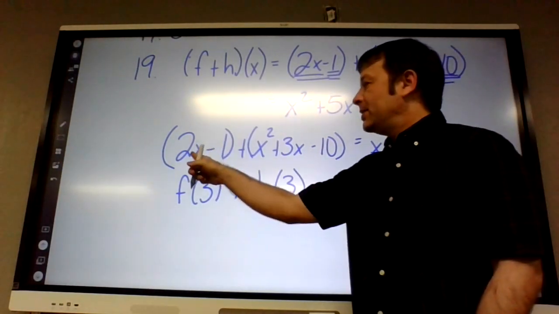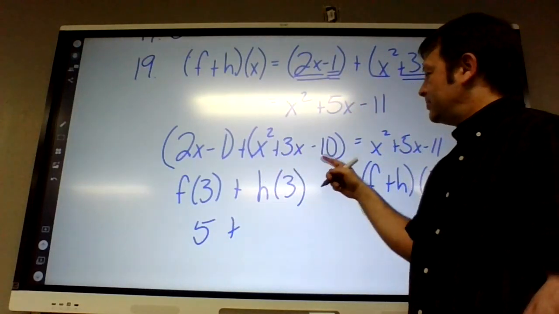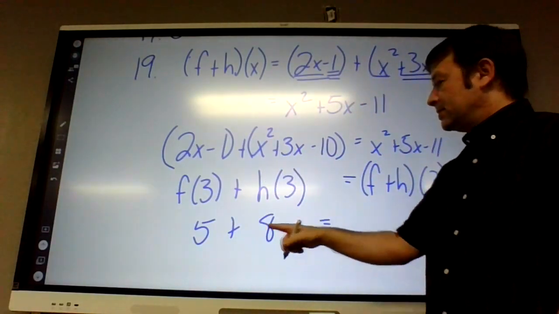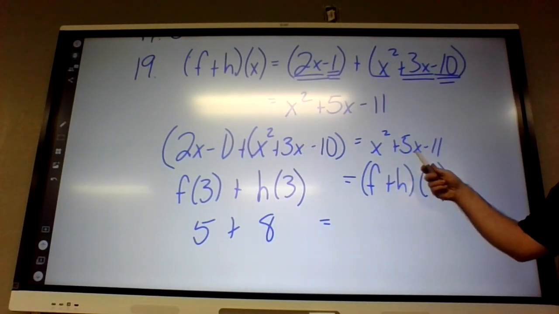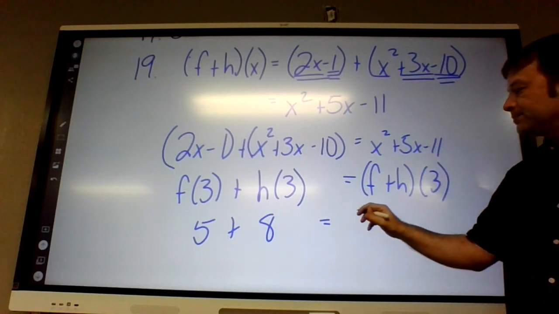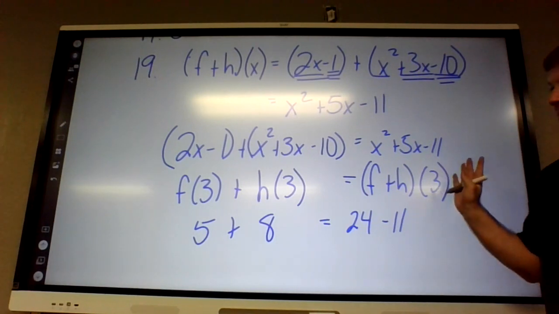So if I plug in 3 there, 6 minus 1 is 5. Plug in 3 there, 9 plus 9, 18 minus 10 is 8. 5 plus 8 is 13. If I plug in 3 here, 9 plus 15 is 24 minus 11 is 13 also. So it works, okay?